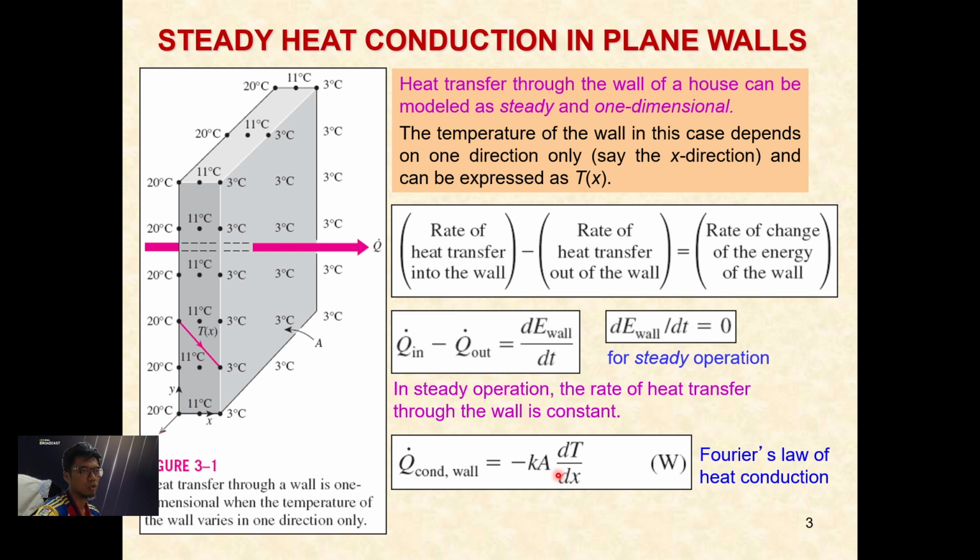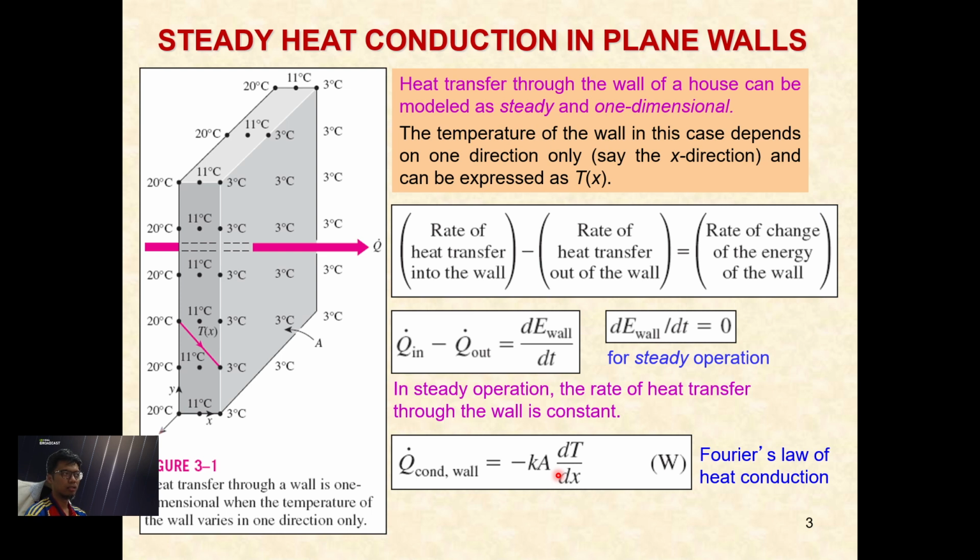If the heat transfers through the wall, the change of thickness is from left to right, and the dx is its thickness. If it is from top to bottom, then the dx is the length or the height of the wall.